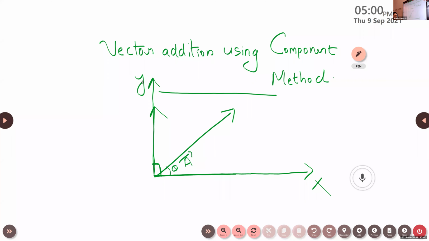Then suppose the coordinates of this vector A are taken as AX, AY.